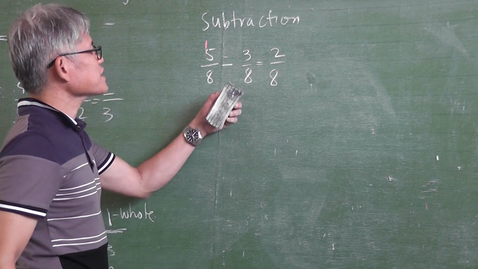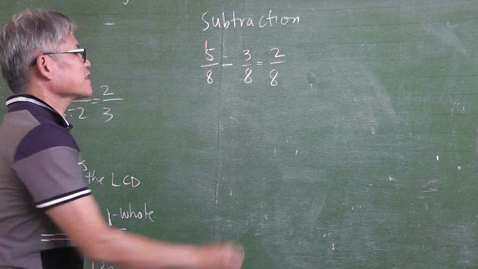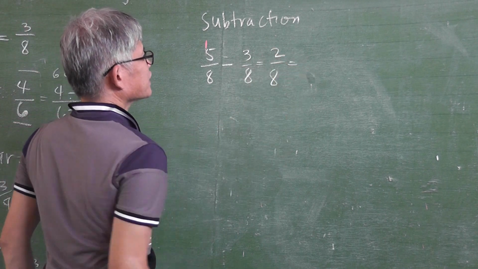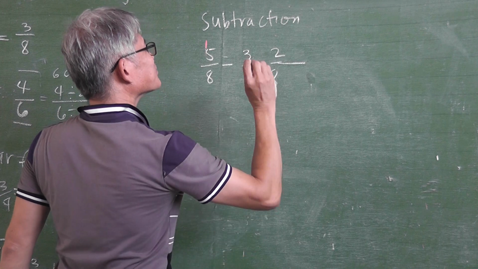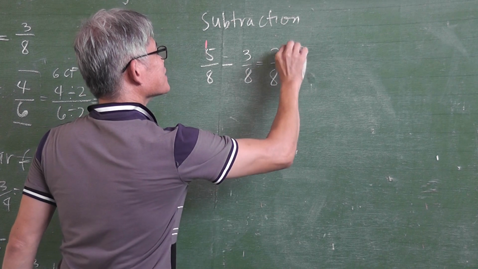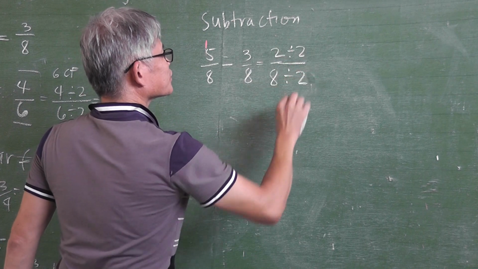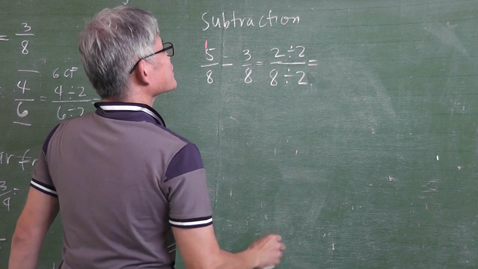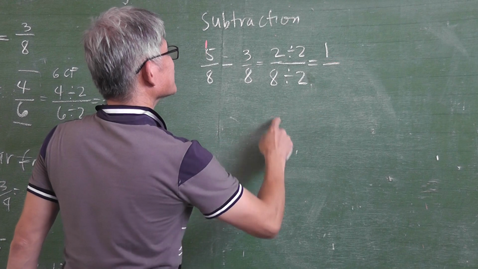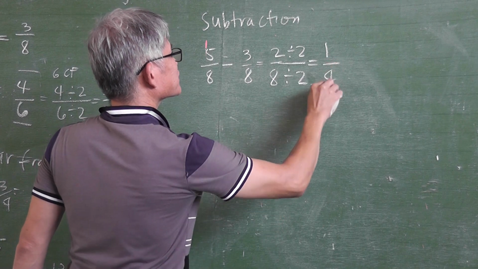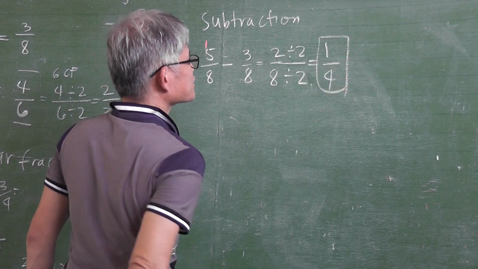Because this is not yet in simplest form, we'll go directly to their GCF. The GCF is 2. So 2 divided by 2 is 1, and 8 divided by 2 is 4. So this is already the simplest form.